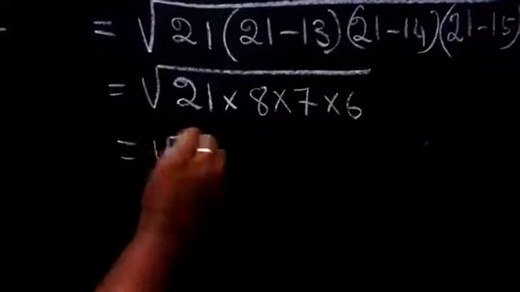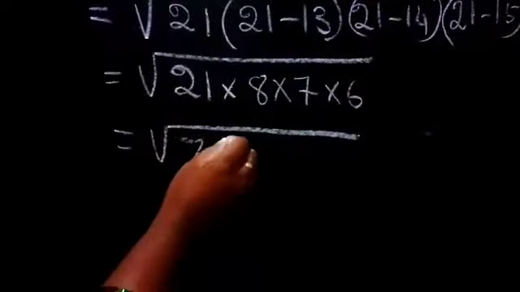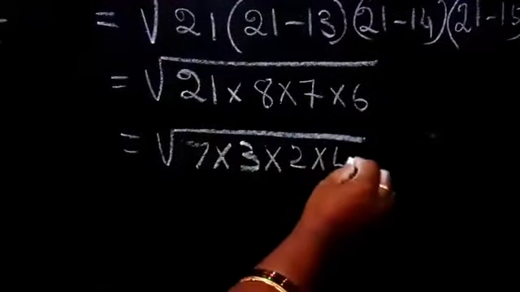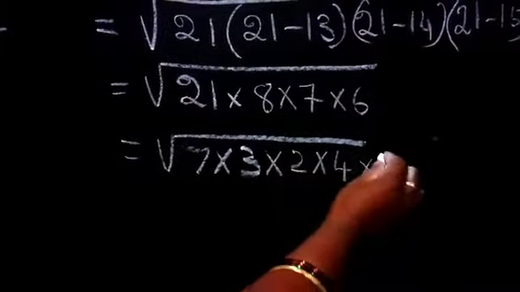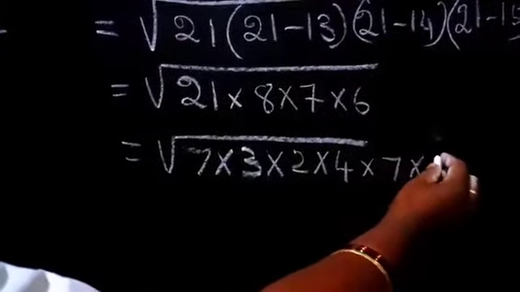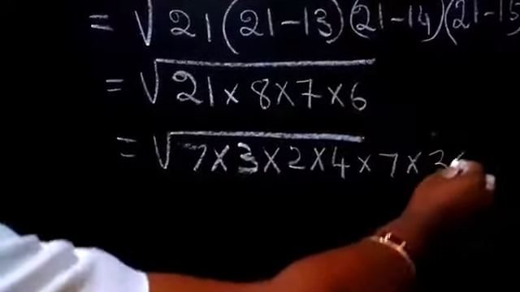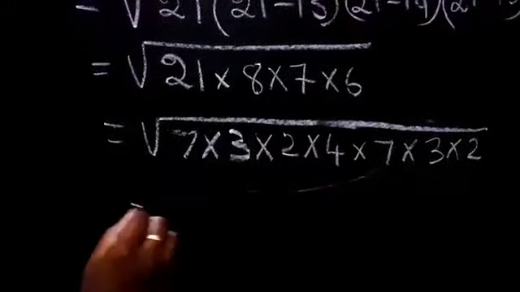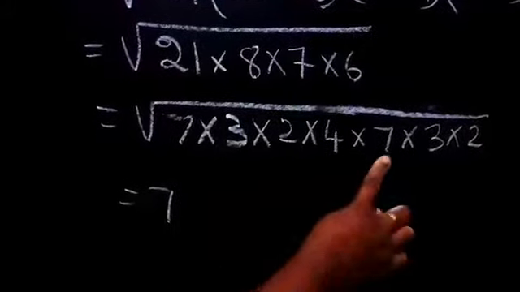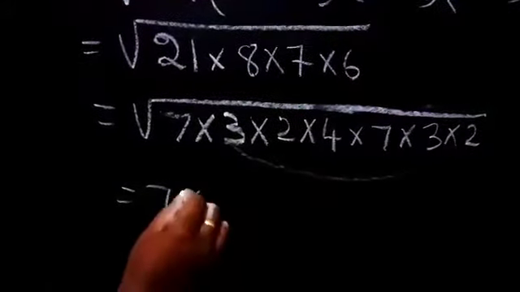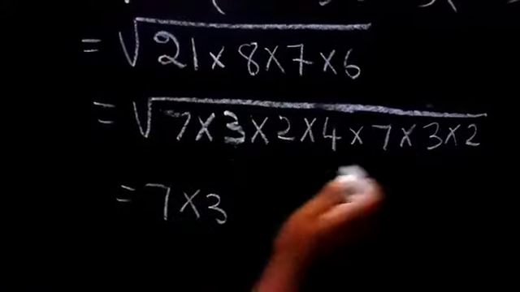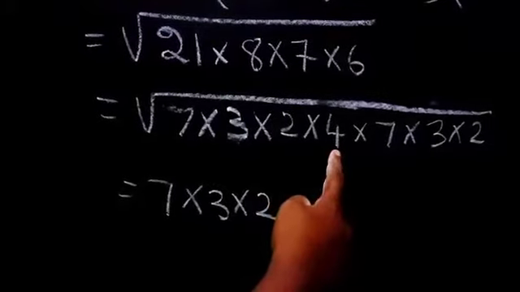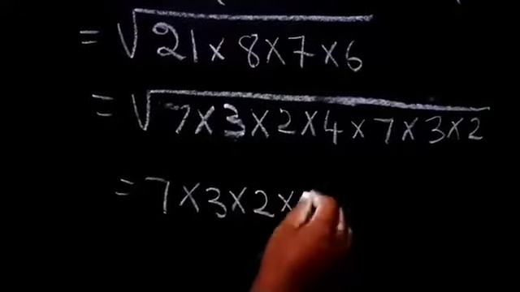So we have here 21 is 7 threes are 21. 8 we can write 2 fours are 8. 7 we can write as it is. 6 we can write 3 twos are 6. So now we have 2 times of 7, take 1 time out. Then 2 times of 3 we have, take out. And we have 2 times of 2, 1 time you take out. Remaining will be 4. Square root of 4 also is 2.